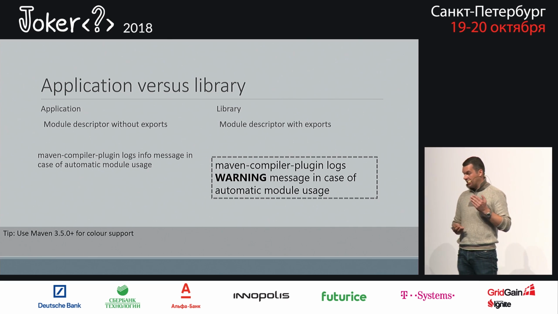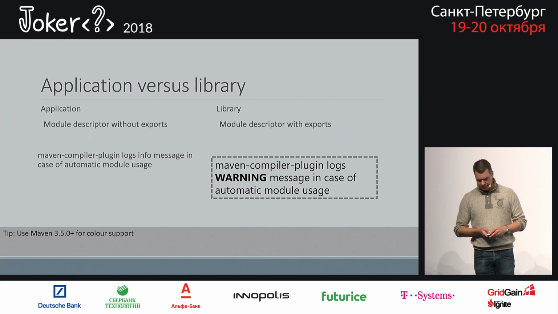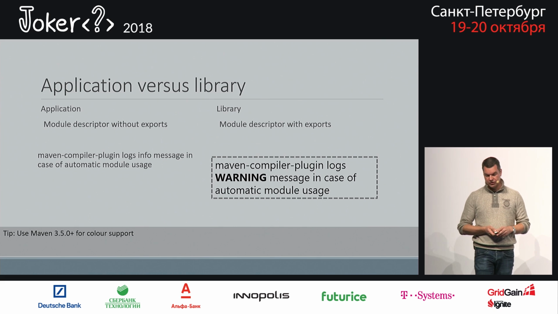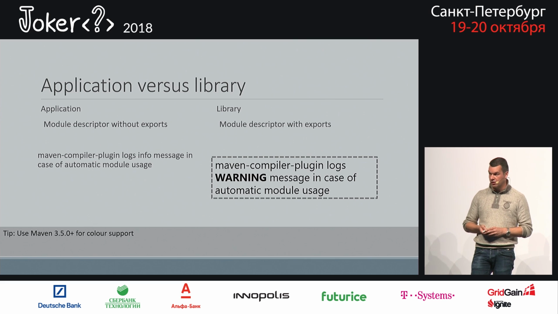However, if you are using a library, and that's detected because you export several packages, you will get this huge blocked warning saying that you shouldn't publish this. And if you're using Maven 3.5 or above, you will see this very clearly in color, of course.